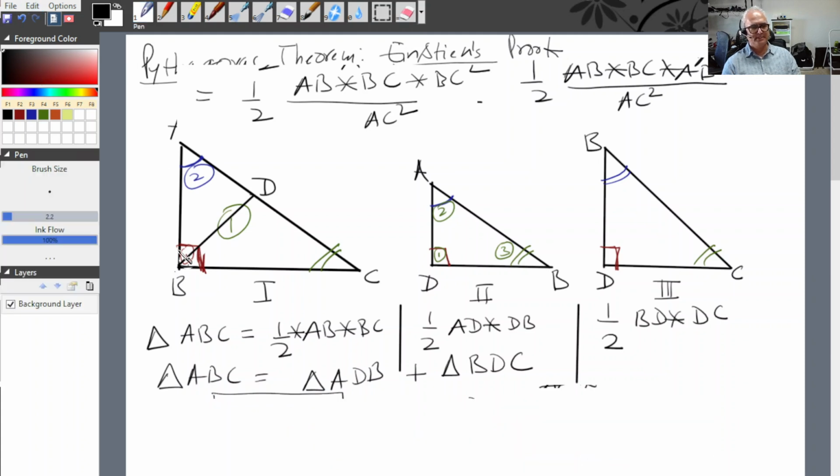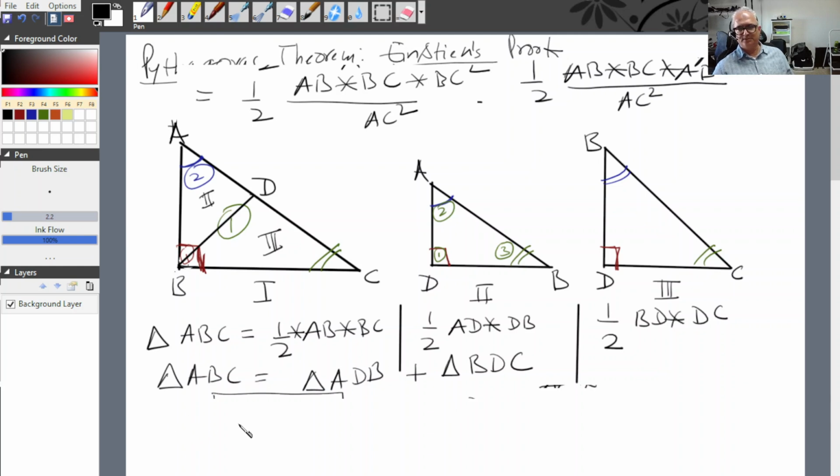So if you still remember that ADB is triangle 2, BDC is this triangle 3, and ABC is equal to triangle ADB and BDC.